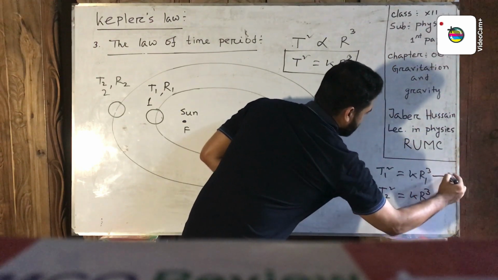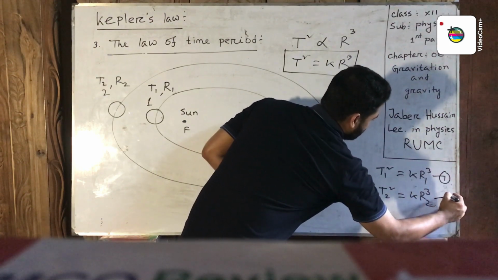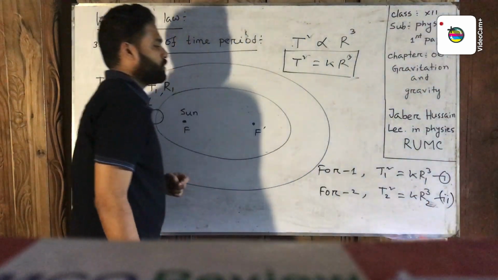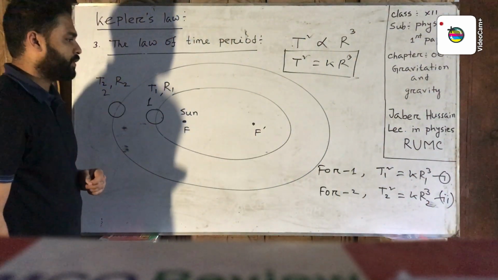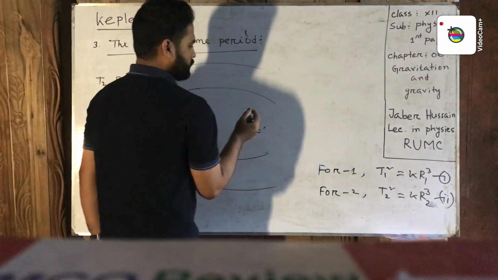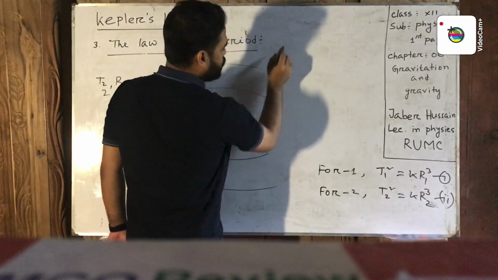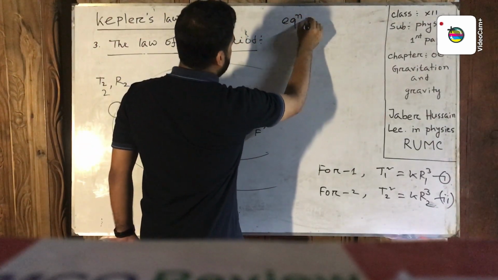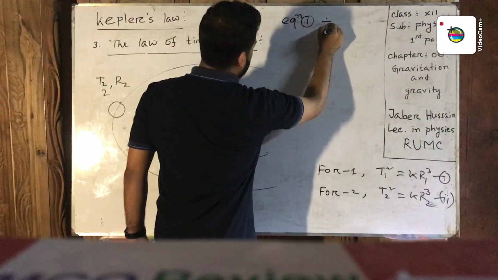This is equation 1 and this is equation 2. Now equation 1 is divided by equation 2.